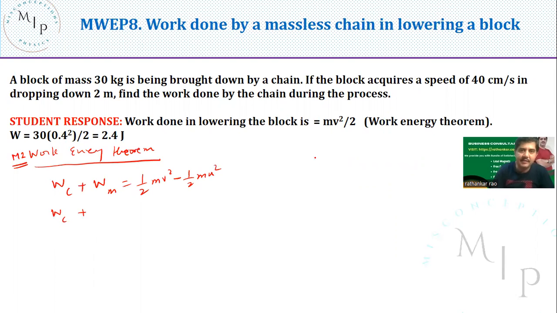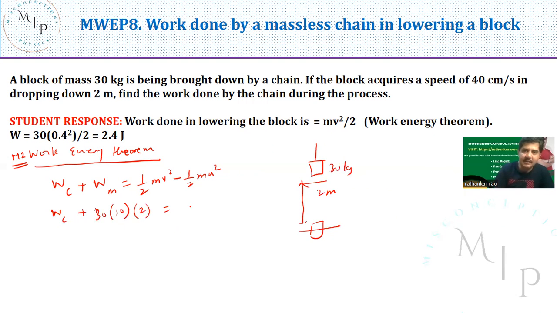Work done by the mass. What is the work done by the mass? You had a mass like this, 30 kg, and then you made the mass come downwards by a distance of 2 meters. So the potential energy here is mgh. m is 30 kg multiplied by g multiplied by h. What is h? 2. This should now be equal to half mv square.